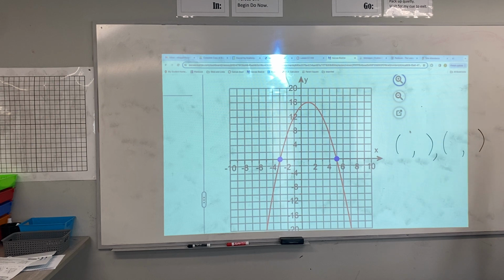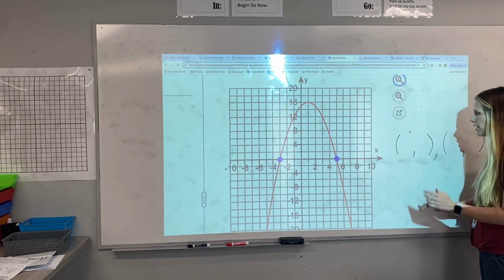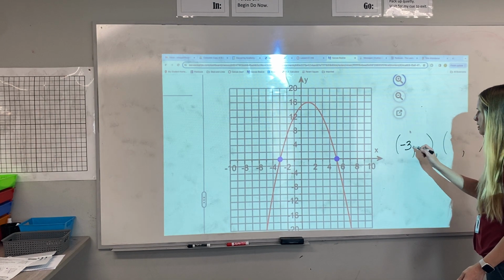The x-intercept is 0. Wait, no. It's gonna be -3. The x-intercept is -3, and the y is 0. Yes. Okay, so the x-intercept as an ordered pair would simply be -3, 0.